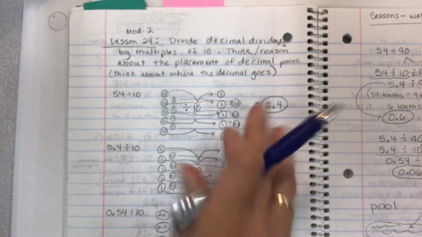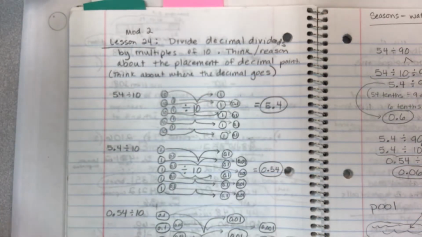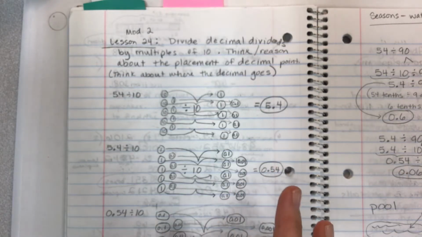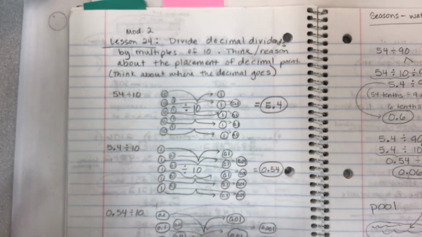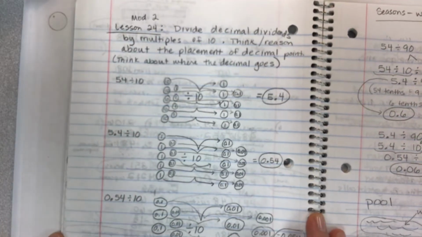You don't actually have to use the place value discs here in Lesson 24, but this warm-up gets you thinking about what you are doing with these place value positions.